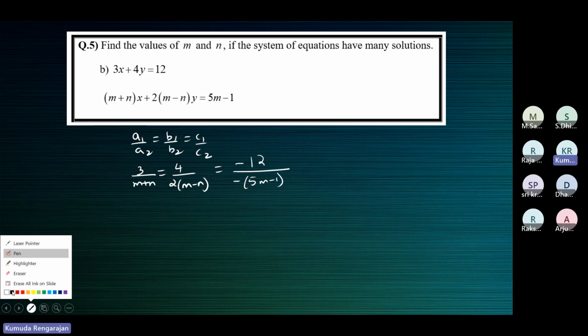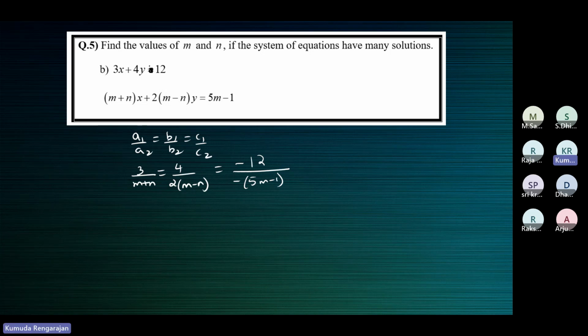See, when 12 is transposed, it becomes minus 12 is equal to 0. When this one is transposed, 5m minus 1, put it in a bracket. It has a plus sign here. So when it's transposed, it will be minus. So it will be like this, minus in bracket is equal to 0. Correct? Yes, ma'am.